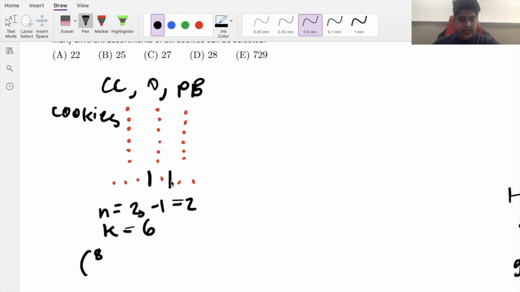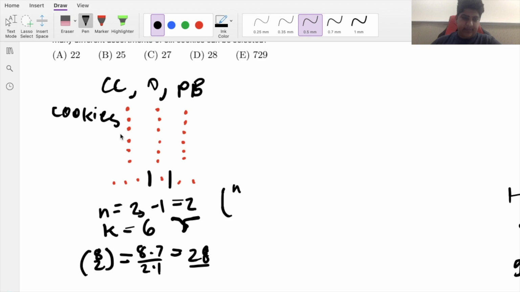And then, we choose 2 of those items, since there's 2 partitions. So it's 8 choose 2, or 8 times 7 divided by 2 times 1, which is equal to 28 ways.